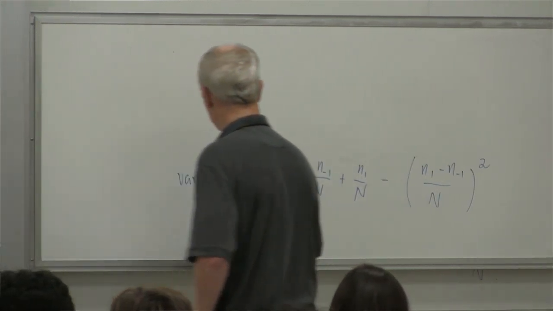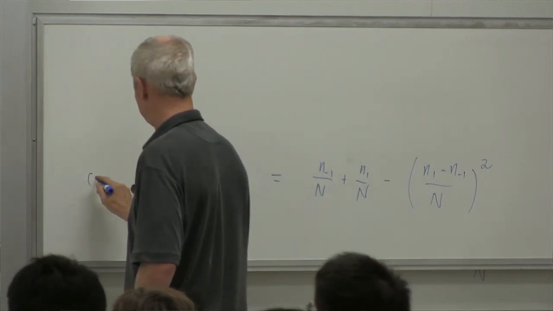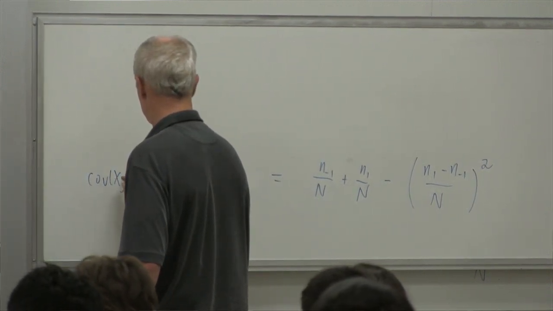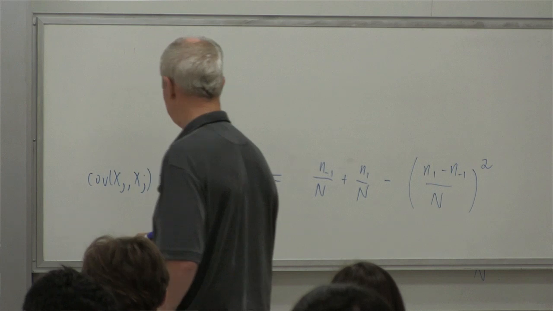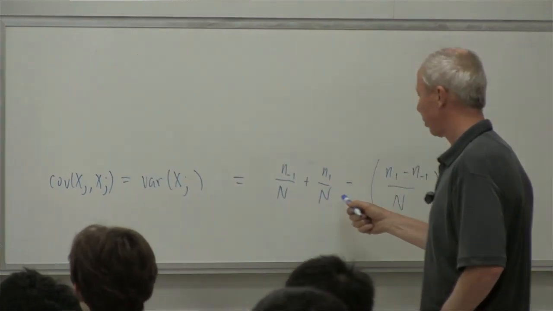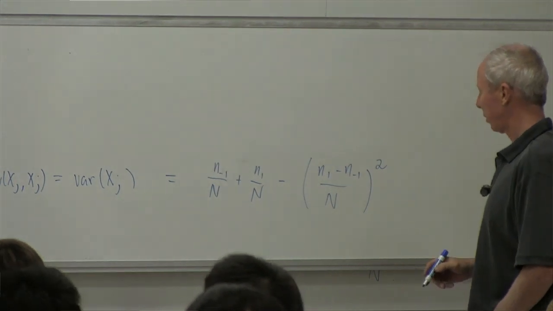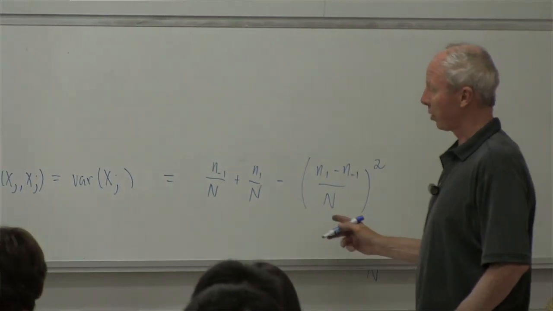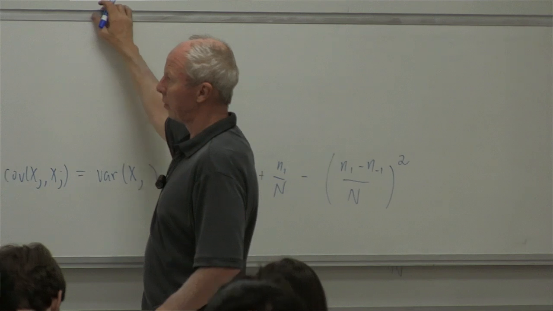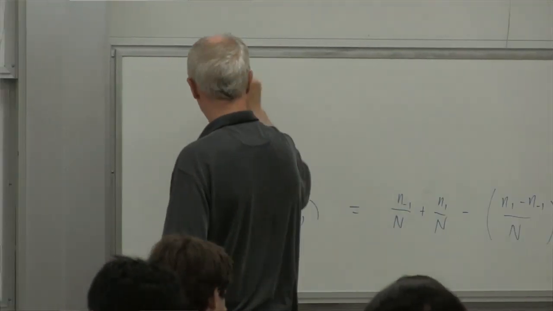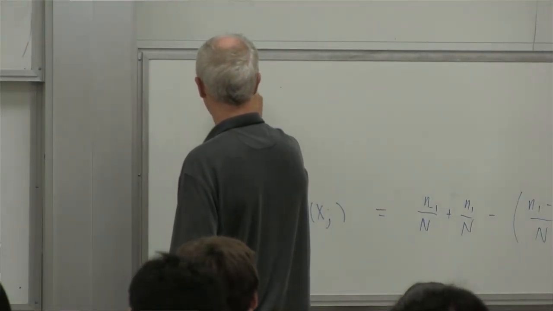Okay, so if i is equal to j, covariance of xj with itself is the variance of xj, which is equal to this. This could probably be simplified, but I don't need to do that. But let's consider now i different from j.